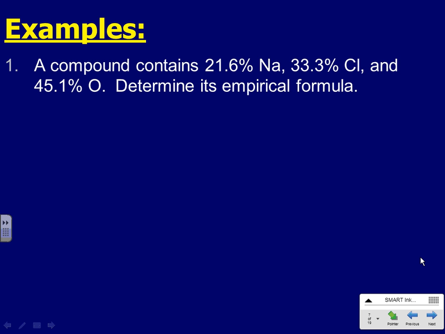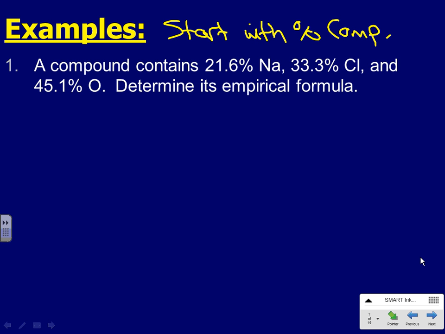Now, this example, and we will have 2 types here again, one that starts with a percentage and one that starts from experimental data. These are examples where we start with a percent. Start with percent composition. So these are examples where we're going to be starting with a percent composition.